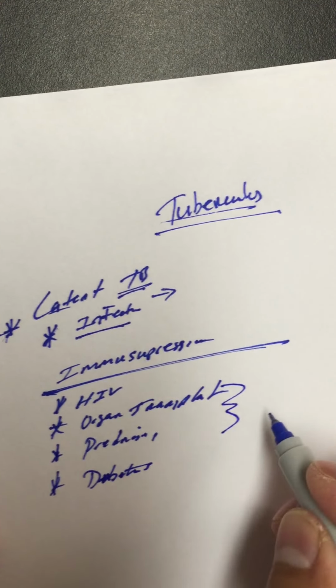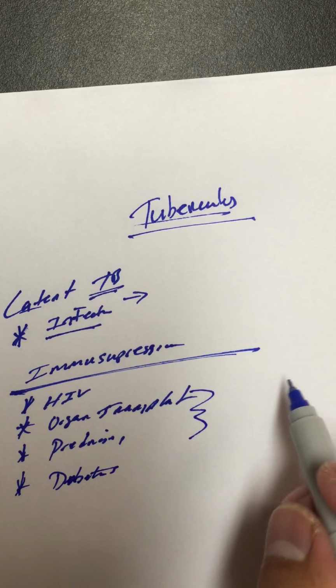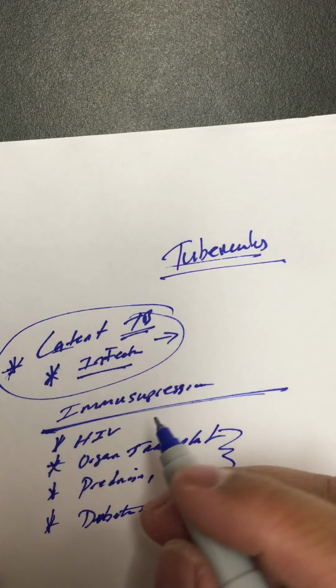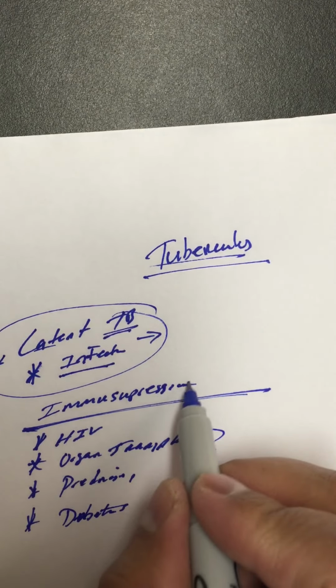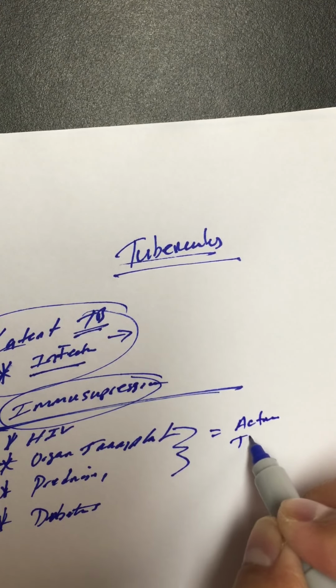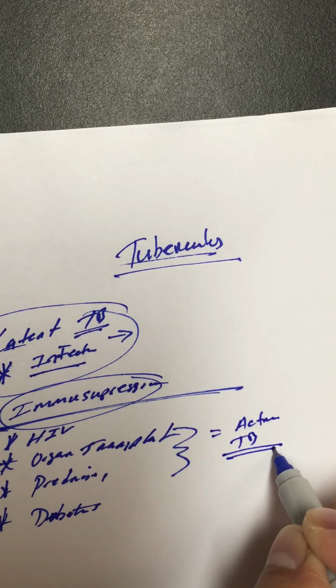At some point, these patients will become immunosuppressed. And again, if these patients had some type of latent or inactive TB, this immunosuppression may result in active TB.